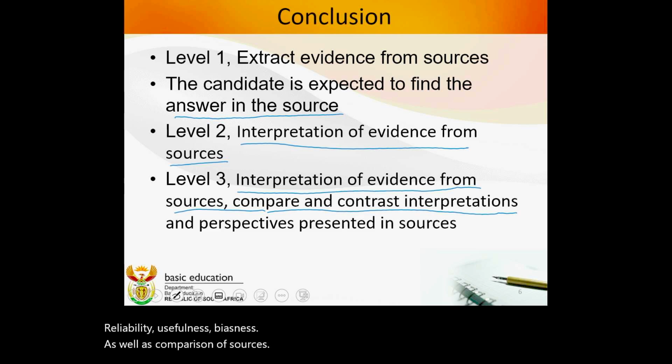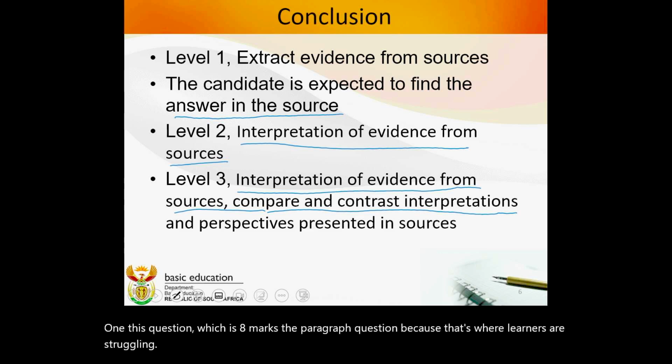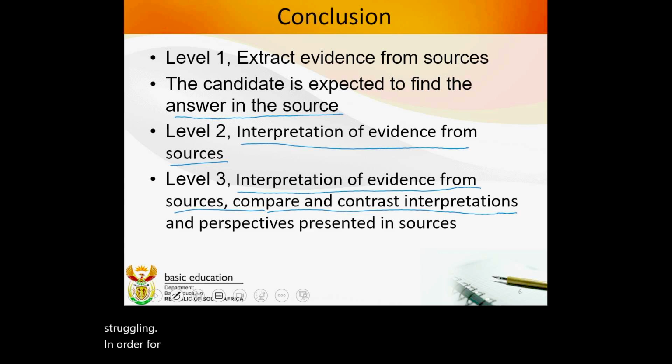Now let's quickly look at this question, which is 8 marks, the paragraph question, because that's where learners are struggling. In order for a learner to write that paragraph question, a learner must have an addendum in his or her hand. In that addendum, he must be able to summarize. For example, let's talk about the Cold War.